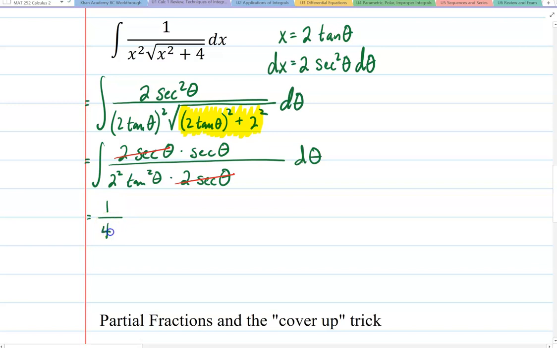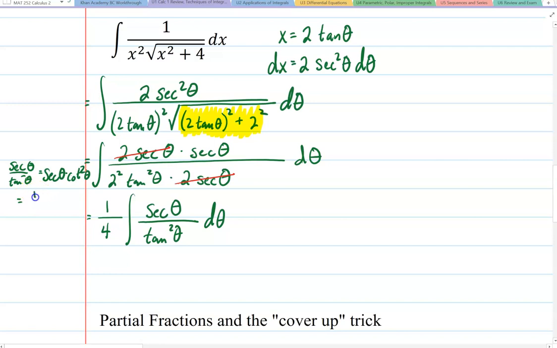So I'm going to move this constant out front, 1/4, and we have secant theta divided by tangent squared theta d theta. Now, as a side note, secant theta divided by tangent squared theta is really the same as secant theta times cotangent squared theta.